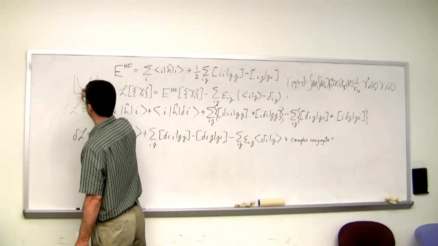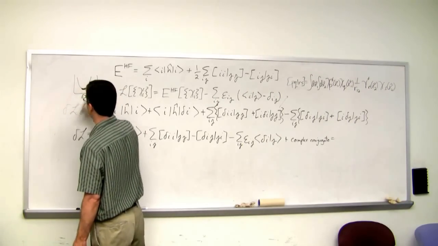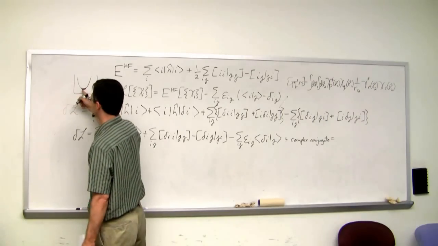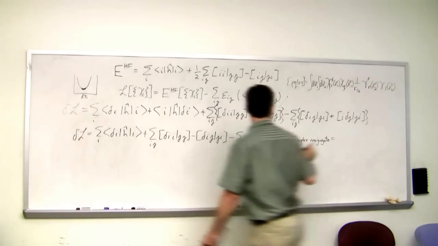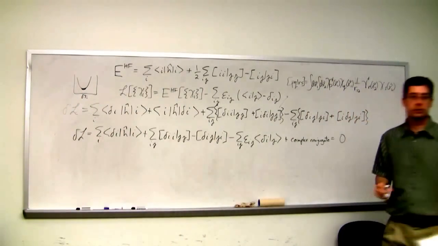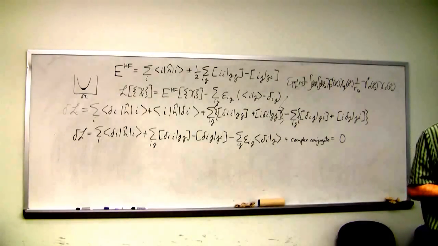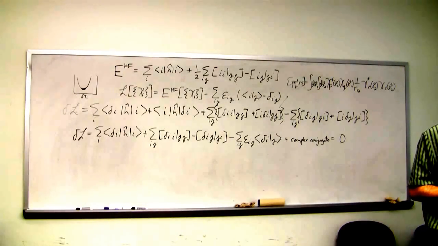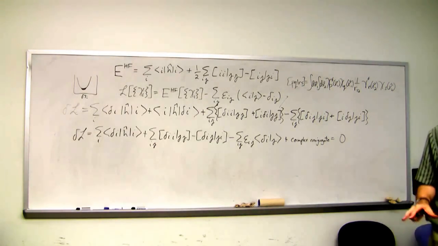If I make some tweak in chi, the Lagrangian or the Hartree-Fock energy shouldn't change at first order. So if I'm at a minimum, that needs to be equal to 0. Of course, that would also be 0 if you're at a maximum. But it turns out the Hartree-Fock equations we're going to derive almost always give you a minimum, not a maximum, so you're usually okay.